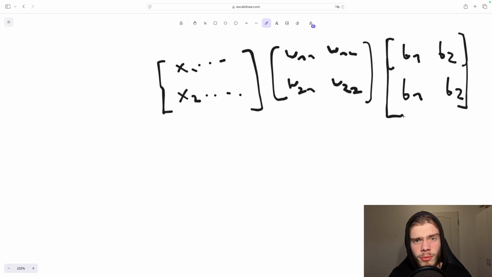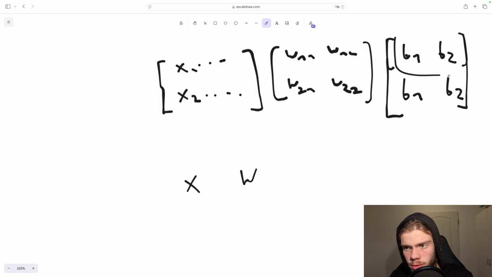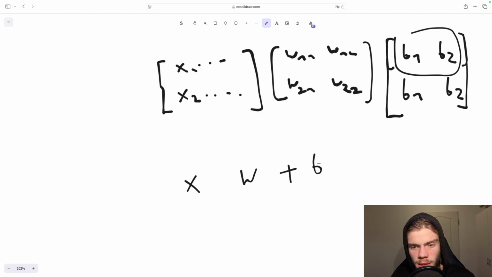So in this case, if we would just hand PyTorch this X matrix and the W matrix and just the row vector B1, B2, it would be able to infer that it has to replicate B row-wise to be able to add B to the result of X times W. And this concept is called broadcasting.